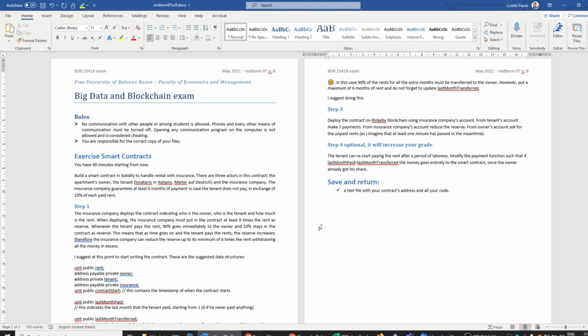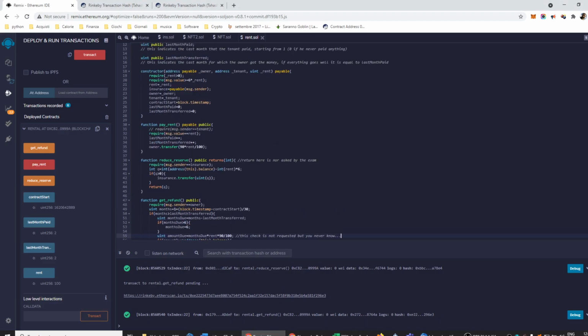The tenant can restart paying the rent after a period of lateness. Oh my god. Modify the payment function such that if last month paid is smaller than last month transferred, the money goes entirely to smart contract since the owner already got his share. Okay. So, here, pay rent.